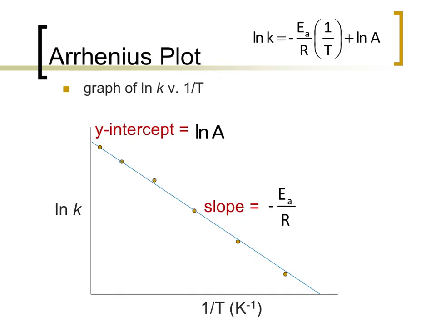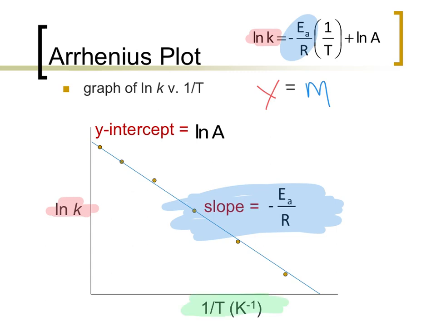So finally, this is what our graph would look like to plot the Arrhenius data. On the left-hand side, we have the ln of K, which is our y value. The next thing that we have is our slope, which is the negative EA over R, this part right here. That slope would be the m in y equals mx plus b. The x-axis is our inverse temperature, so that's the 1 over T, which would represent the x in y equals mx plus b.